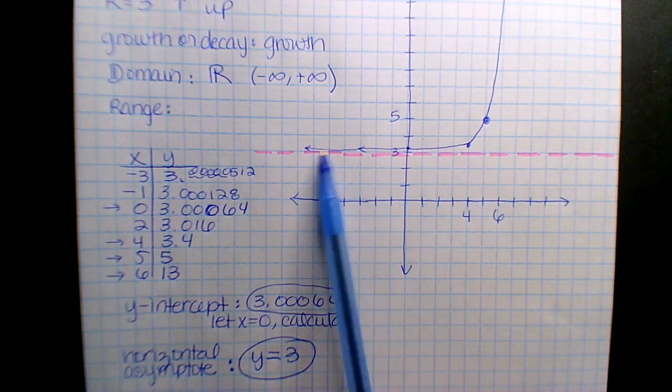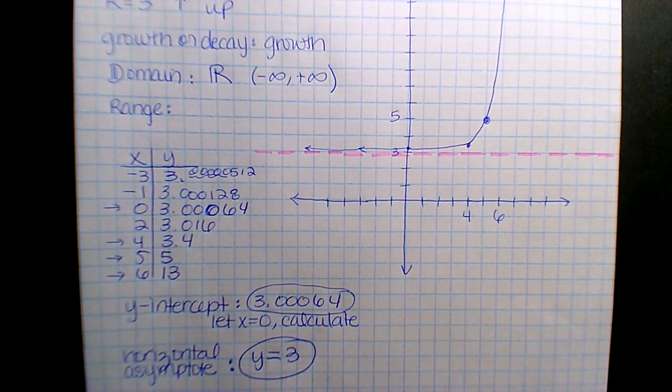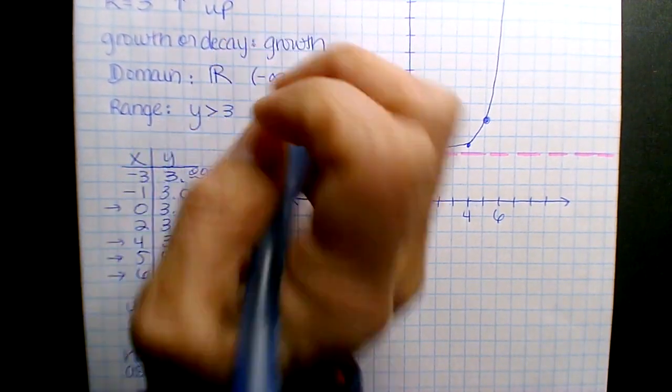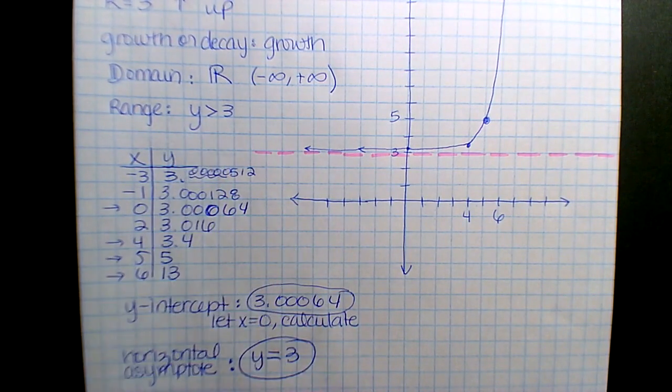So what number is the dashed pink line? 3. So is that inclusive or exclusive? Very good, exclusive. So it is y is greater than 3. Do not put the equal sign. That's inclusive, like a closed dot or a solid line.